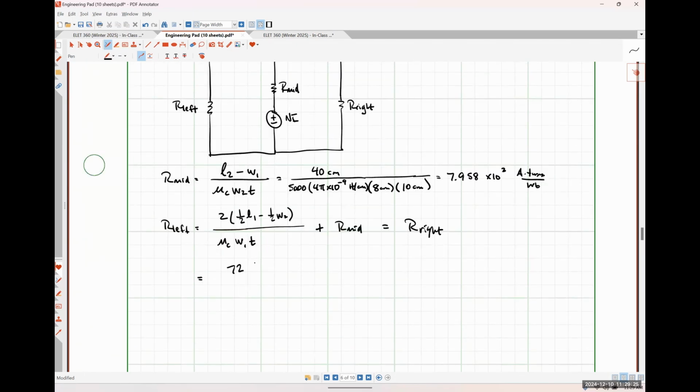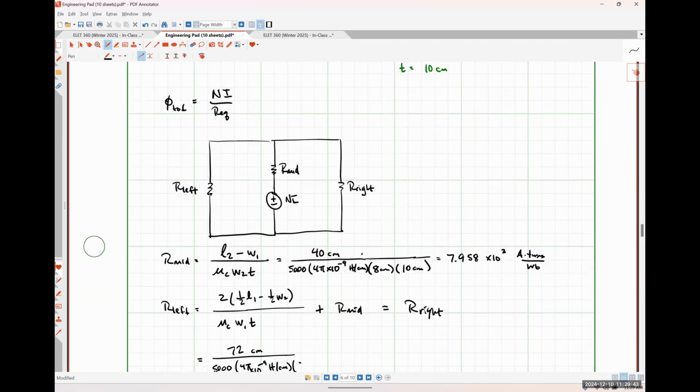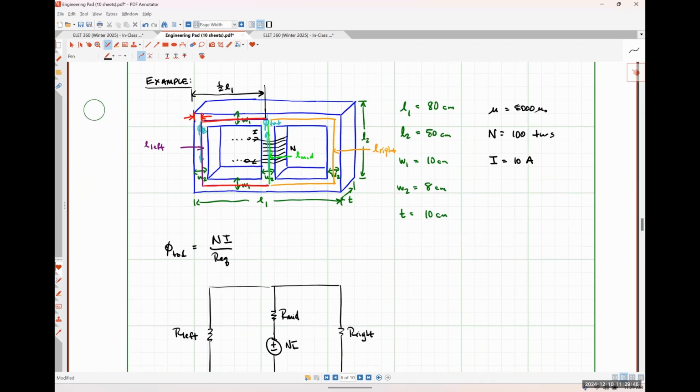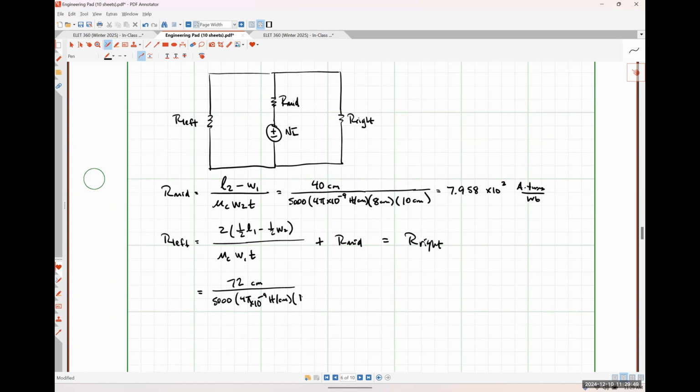So that is 72 centimeters over 5,000 times 4 pi times 10 to the minus 9 henries per centimeter times, let's see, my cross-sectional area here was W1, which is 10 centimeters, times T, which is 10 centimeters. And I'm going to add to this thing that 7.958 times 10 to the 3 amp turns per Weber. So let me throw this into my calculator real quick.